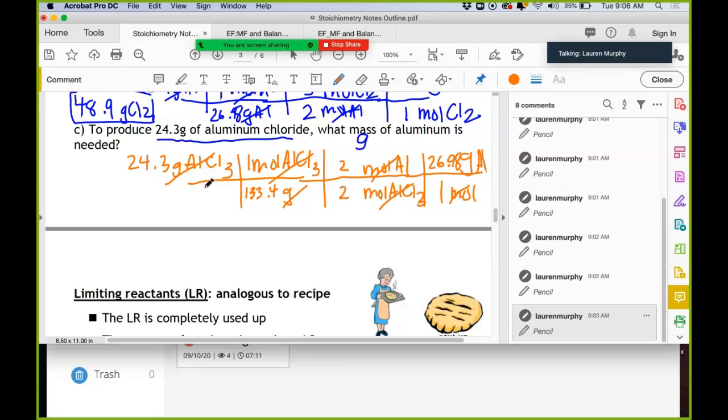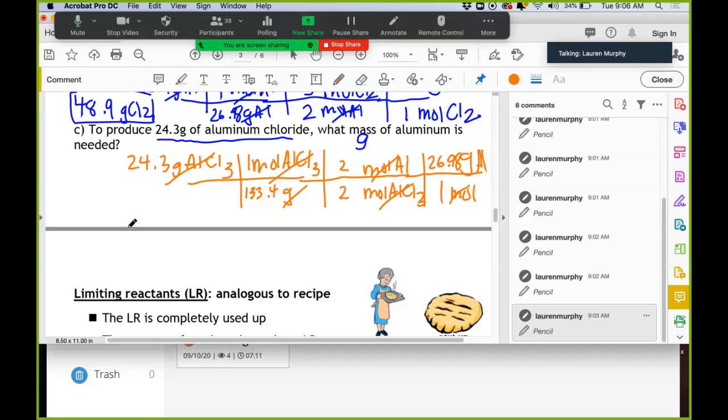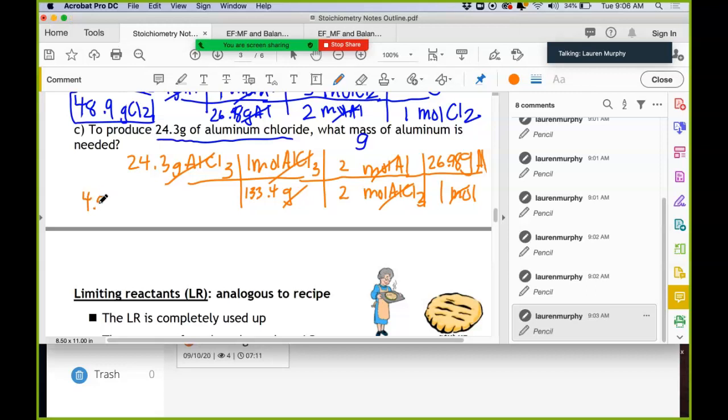So in your calculator, you do 24.3 divided by, because this is in the bottom, 133.4. You could pretty much skip this, but you can go ahead and multiply by 2 and divide by 2. It doesn't do anything to the number, right? This is a 1-to-1 ratio. And then you multiply by 26.98. And based on a bunch of my chats, it sounds like a lot of us got this, 4.91 grams of aluminum.